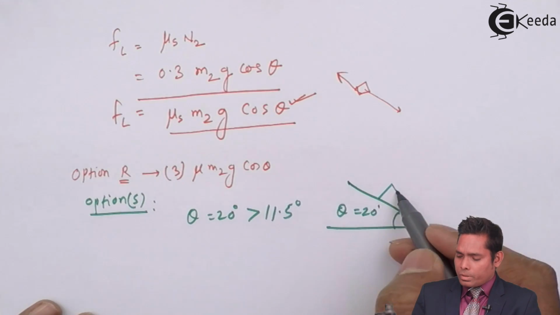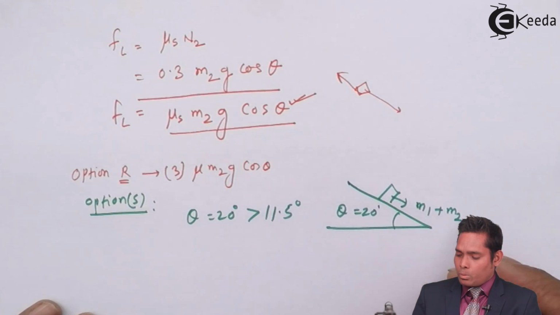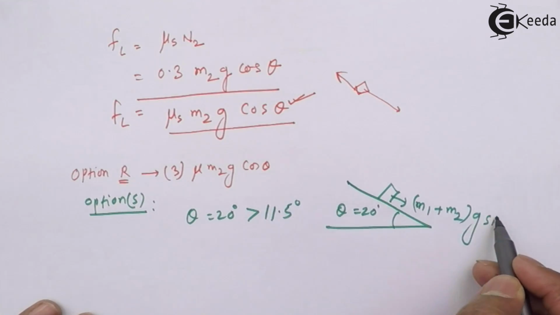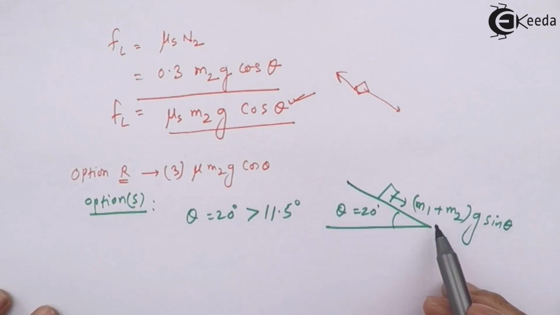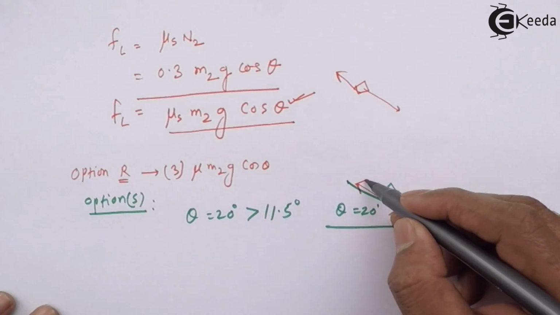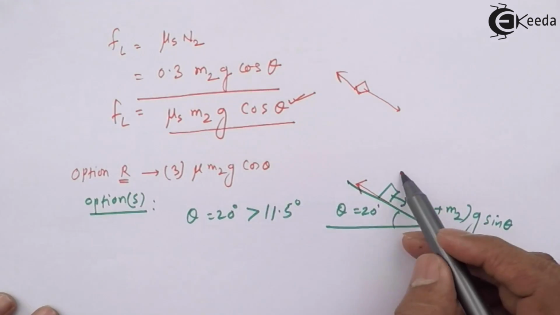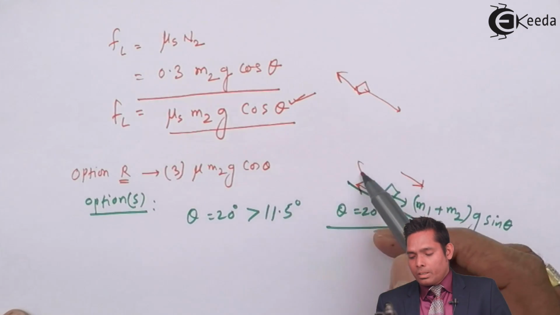So again the block which is there is subjected to external force of (m1 plus m2) g sin theta, but because theta is more, this will slide. If it will slide, then the friction will act along this, and because it is moving in this direction, there is net acceleration existing, so friction will be limiting in nature.